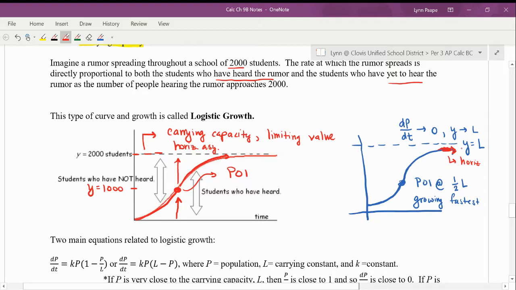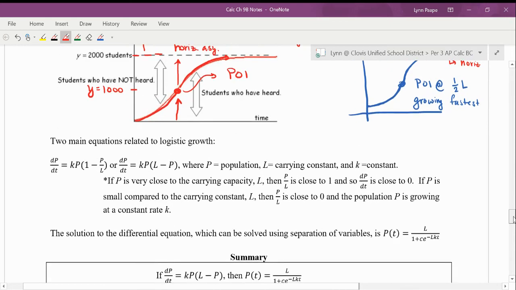As that graph becomes more horizontal, the slope, of course, is approaching 0. And that is happening at the same time that the actual function is approaching that horizontal asymptote. And this is going to be key and help us solve these problems.